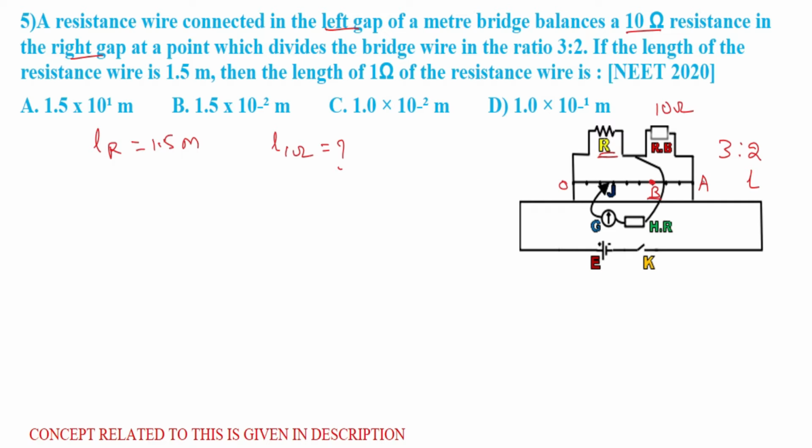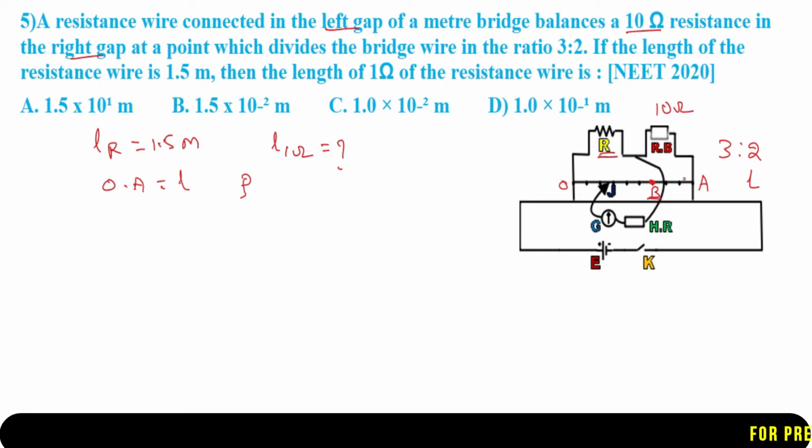Okay, see now what did we take? We took the length of OA as L, and we know that this B divided OA in the ratio 3:2. Okay, now let rho be the resistance per unit length of the wire. Then what will happen?